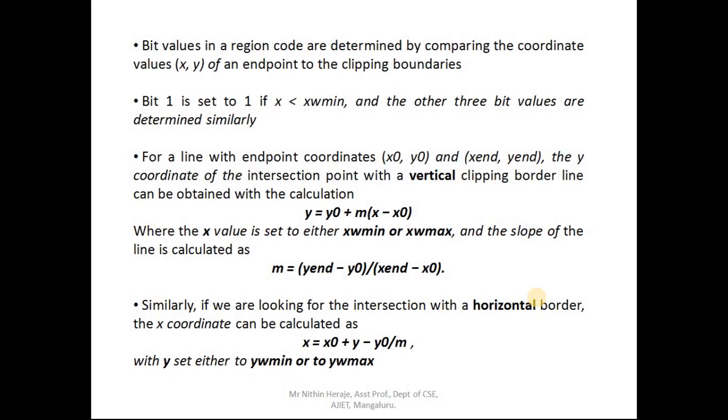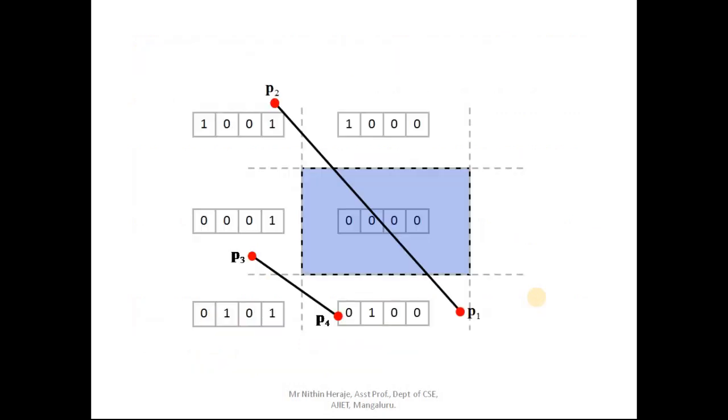So next we'll see how things are going to work. You can see that this is the clipping window, and these are the outcode values for different regions based on the clipping window. We have two line segments. One is P1 to P2, where the endpoints lie in different regions outside the clipping window, and some part of the line lies inside the clipping window.